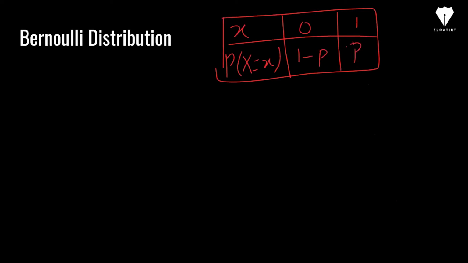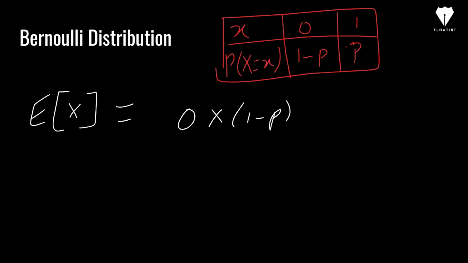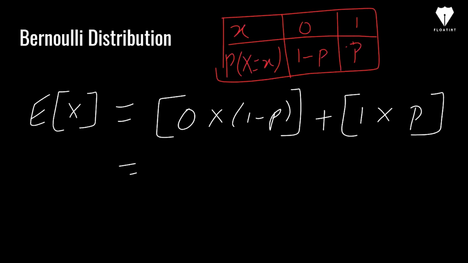Now the expected value of x will be 0 into 1 minus p plus 1 into p. This will give me p. So the expected value of this random variable is p.